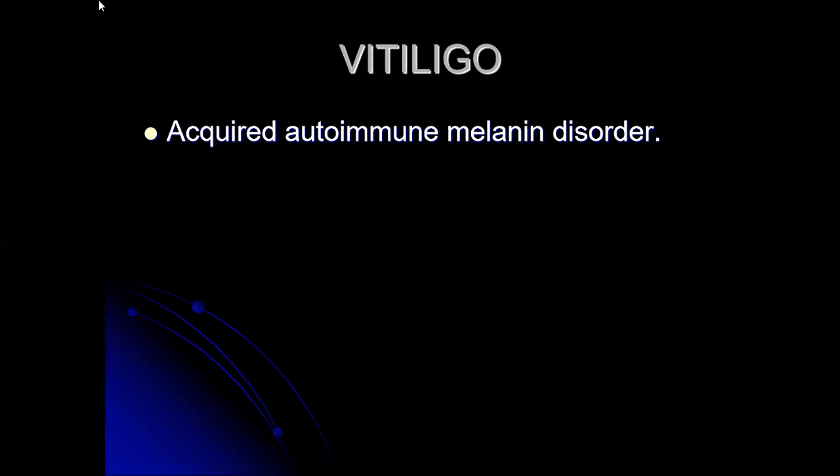Our body reacts and destroys our own melanocytes, leading to hypopigmentation. But as we are going to see, this hypopigmentation is not global. It's not the whole body like albinism. It's in certain areas. Which are the commonly affected areas? It's patchy loss.